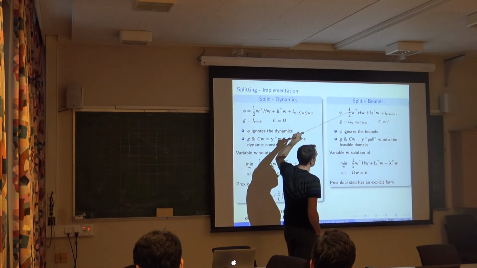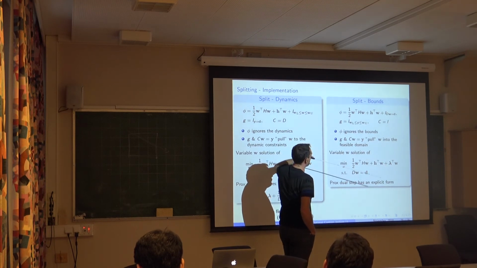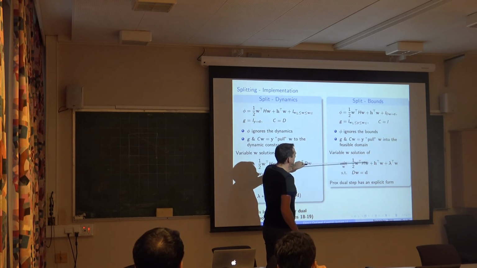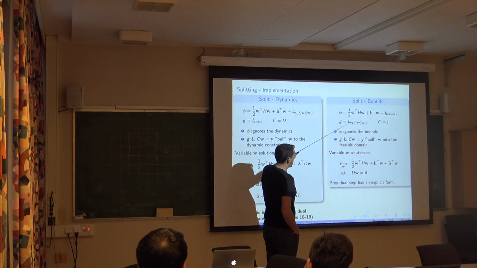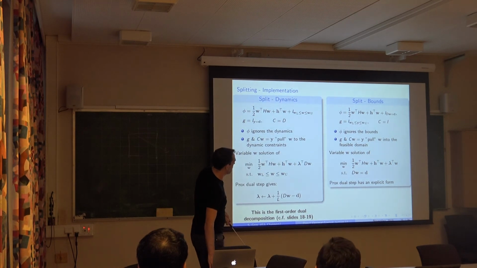So that will be an unconstrained MPC scheme, this one. And the g function takes care of the bounds. So the phi function is essentially a QP problem without inequality constraints. And then the prox step, as we saw, has an explicit form if you have simple bounds.